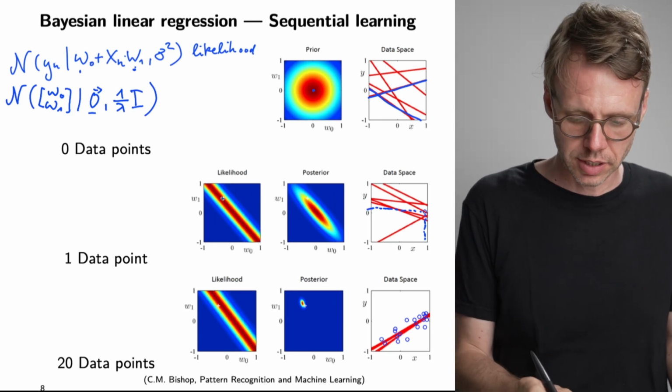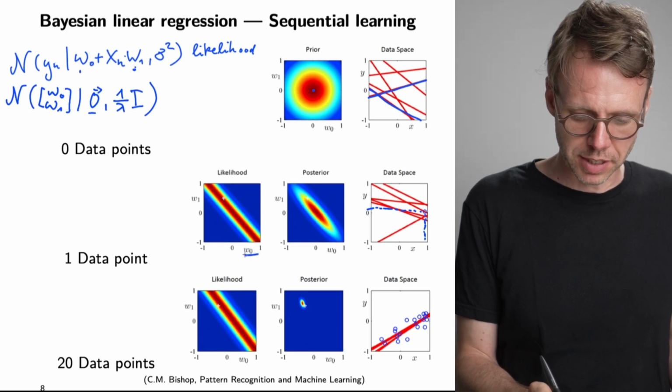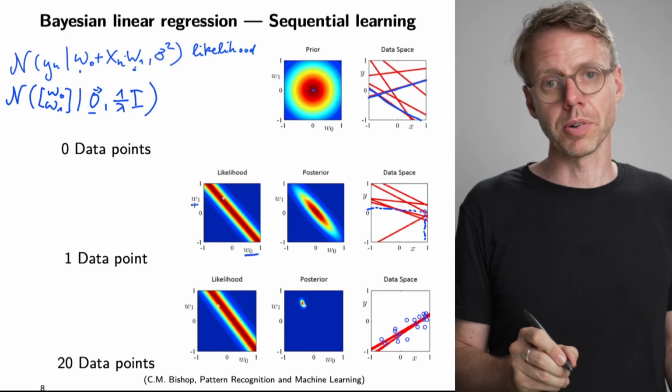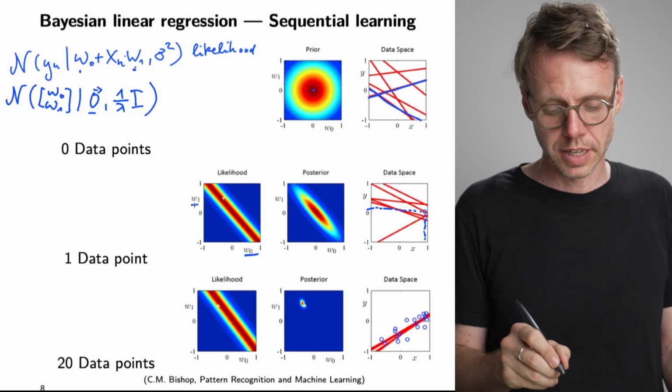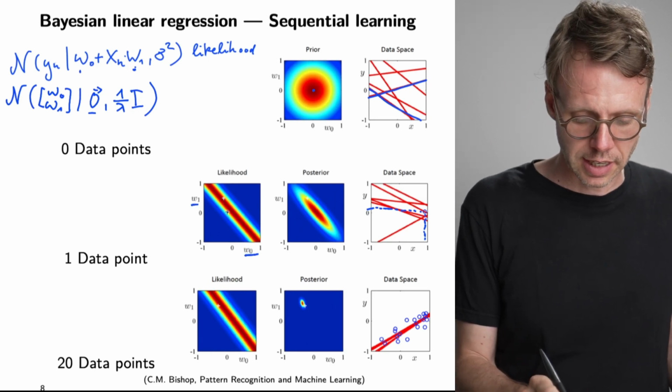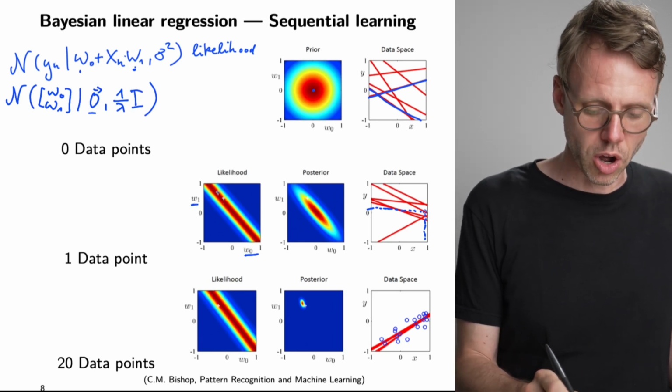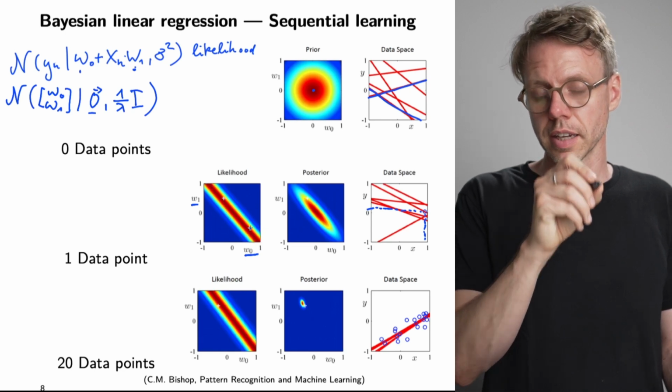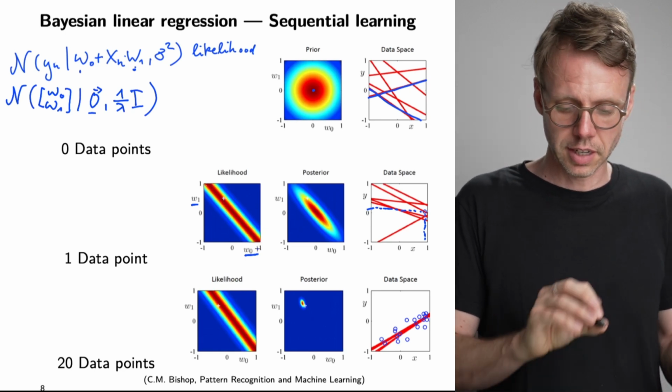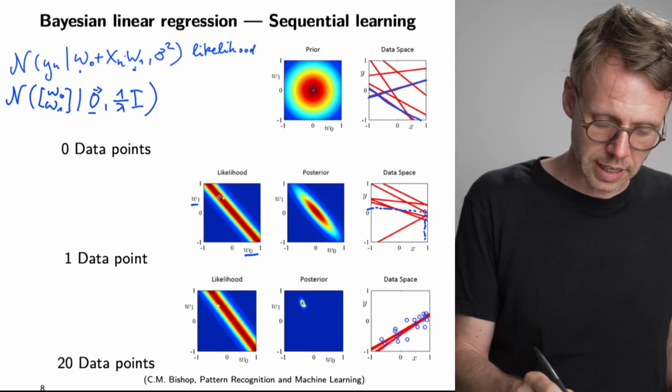So the likelihood, again, is parameterized by W0 and W1, and you see that it is highest along a diagonal line here and then tapers off.